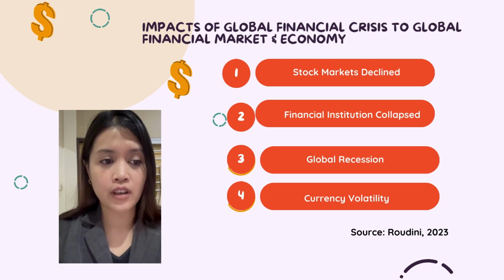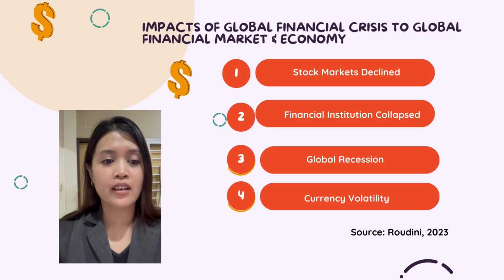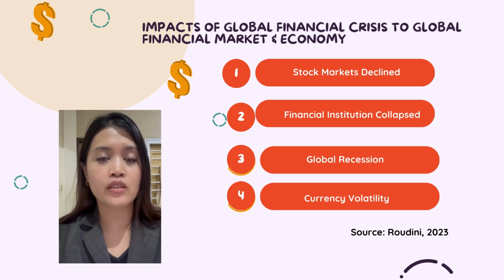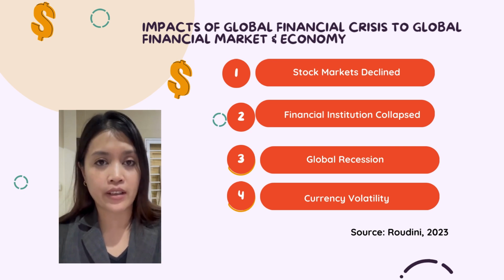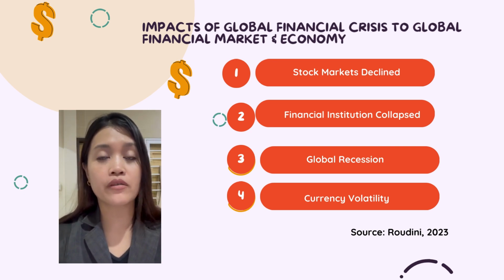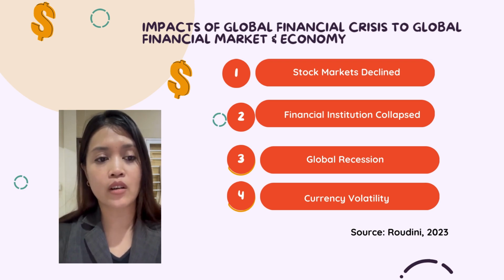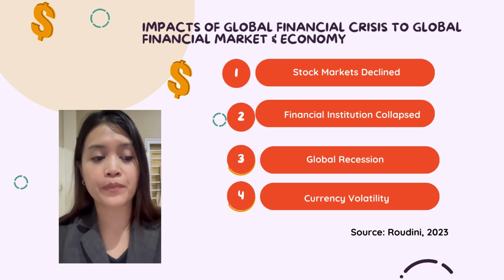And last and fourth, currency volatility. Increase in market uncertainty resulted in volatility in currency markets. During the financial crisis, secured currencies like the US dollar and Swiss franc appreciated, while currencies of emerging market and commodity-dependent economies depreciated.